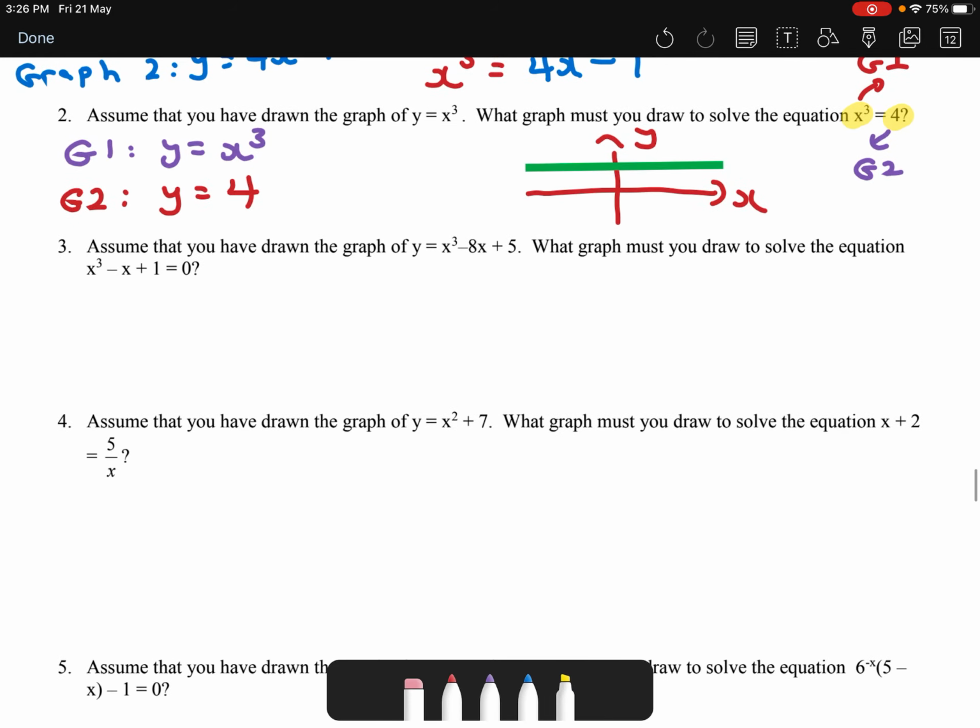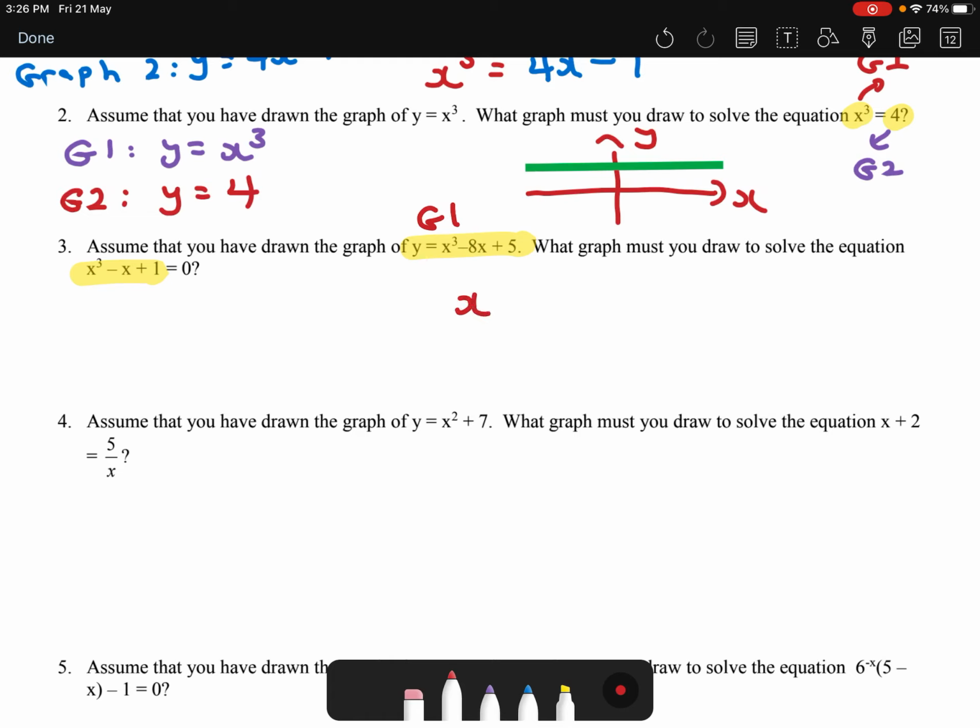Okay, next, assume that we have drawn this graph y equal to x cubed minus 8x plus 5. What graph must you draw to solve the equation x cubed minus x plus 1 equal to 0? This one is a bit more tough. So graph number 1 is this. I want to make the left hand side of this equation my graph number 1, so that I can get my graph number 2.